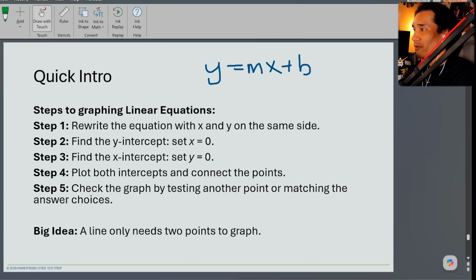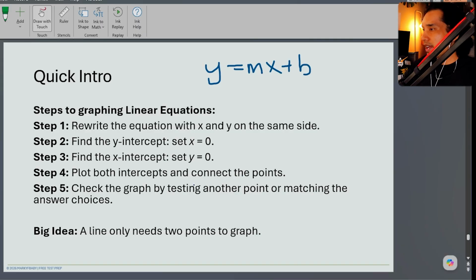Step 3, find the x-intercept, where we set y to 0. Step 4, plot both intercepts and connect the points. And step 5, check the graph by testing another point or matching the answer choices.